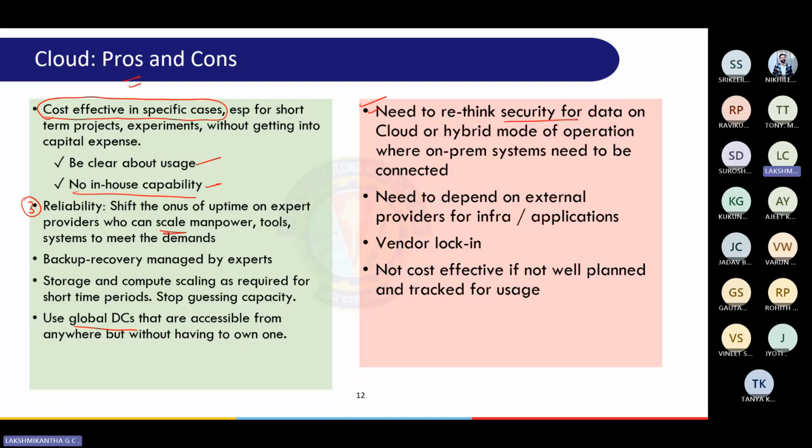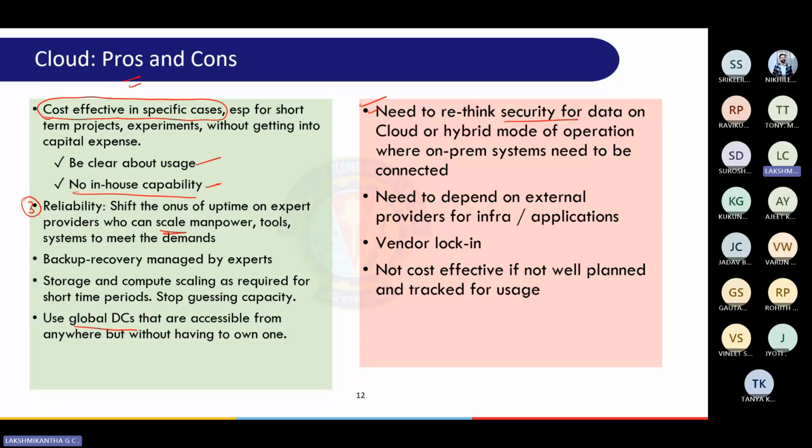Guys, the traditional enterprise security model is based on a perimeter, and it does not work on the cloud. You need to rethink security for data on your cloud. You need a shared responsibility model where the cloud provider secures the underlying infrastructure, but you are responsible for securing your data, your application, and your configurations.